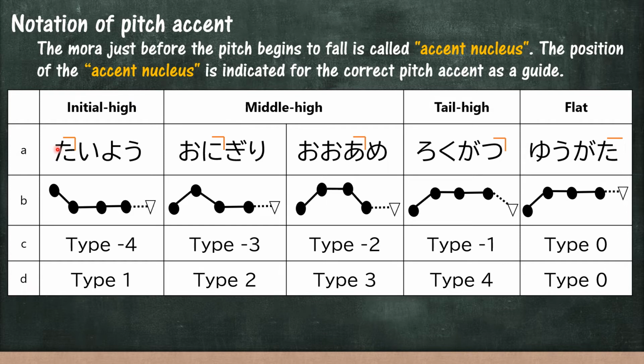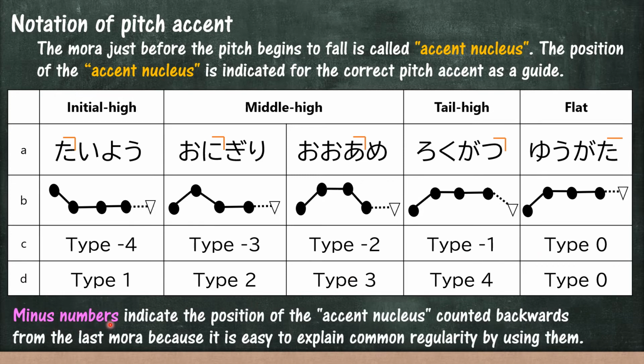So after that, the pitch drops. And 0 indicates there is no place for the pitch to fall. So there's no accent nucleus in this type. Minus numbers indicate the position of the accent nucleus counted backwards from the last mora because it is easy to explain common regularity by using them.